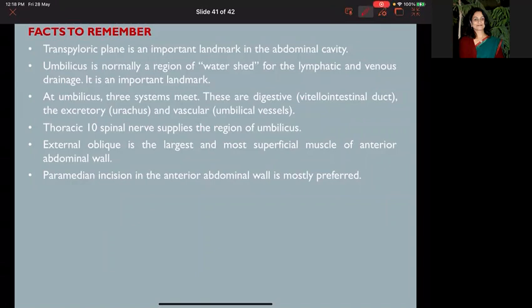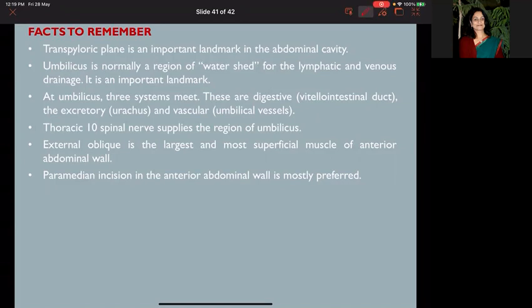And so many conditions are related with the umbilicus, as I have already told you, like the Sister Mary Joseph tumor, enterocele, Meckel's diverticulum, umbilical hernia, then caput medusae, that is in portal hypertension.